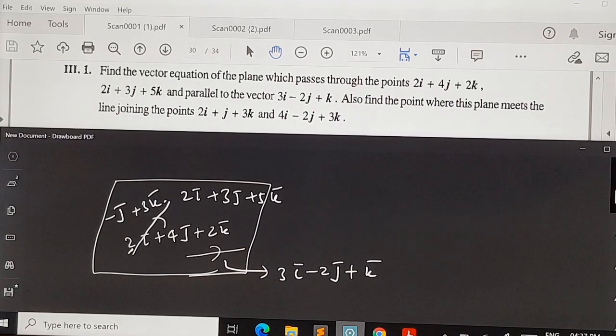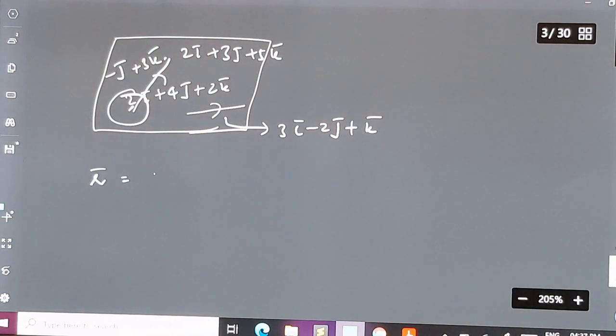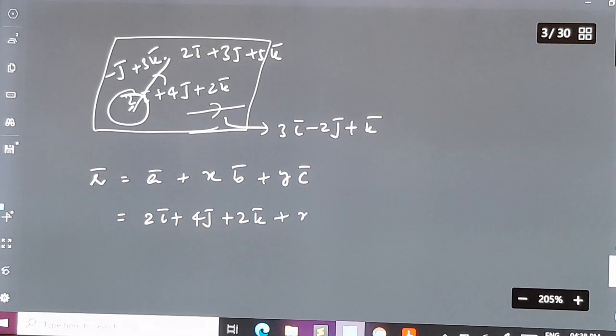Now I take one point, say for fun I take this point, and then we know the equation of the plane: r bar is equal to a bar plus x b bar plus y c bar. So it is a bar, the point 2i bar plus 4j bar plus 2k bar, plus x into b bar.